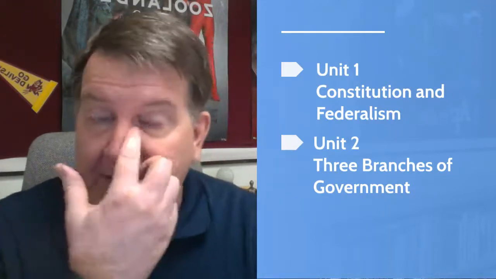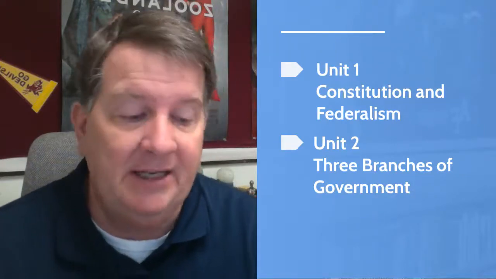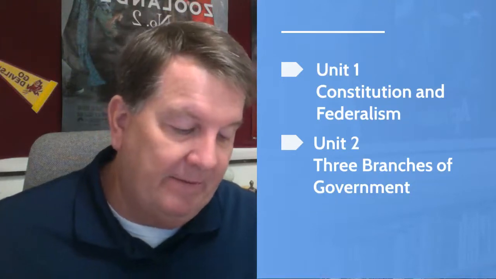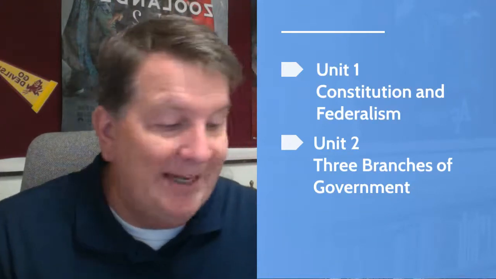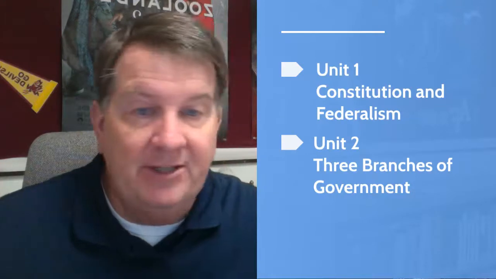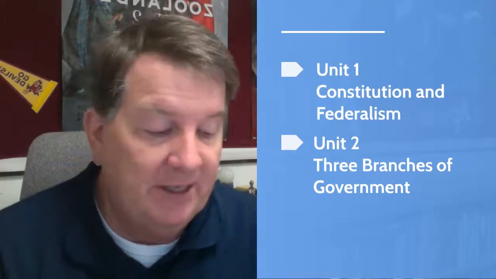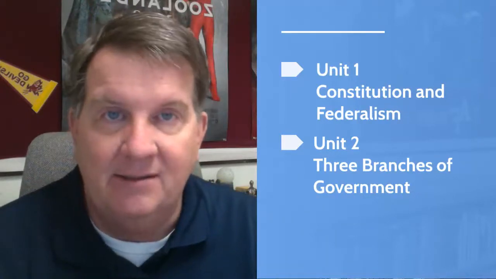Another document that we looked at was the Declaration of Independence. So definitely take a look at the Declaration of Independence, and make sure you understand what's happening there. When you talk about the three branches of government, a big thing that we did talk about, and you can find these charts everywhere, is checks and balances.